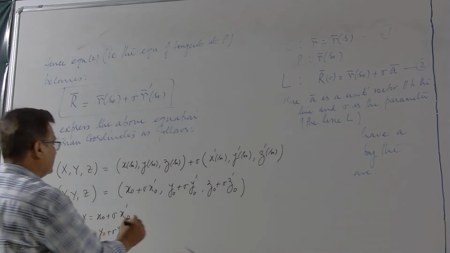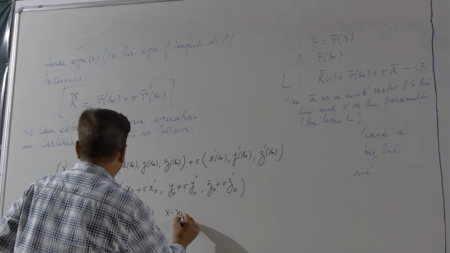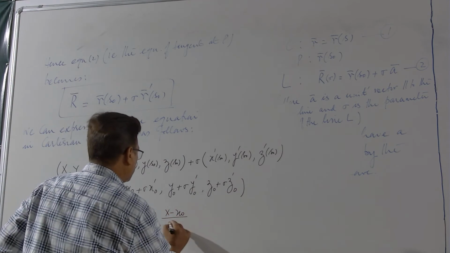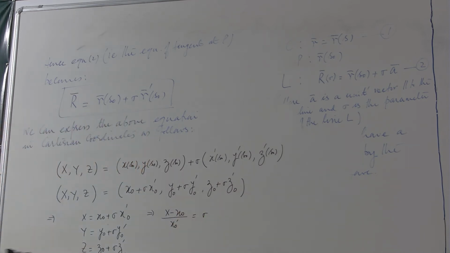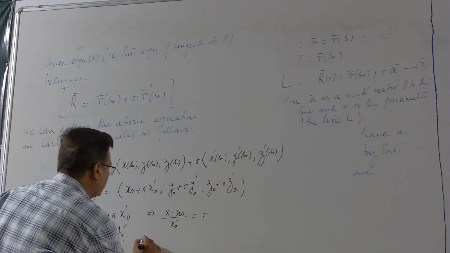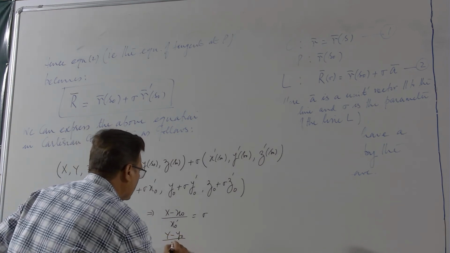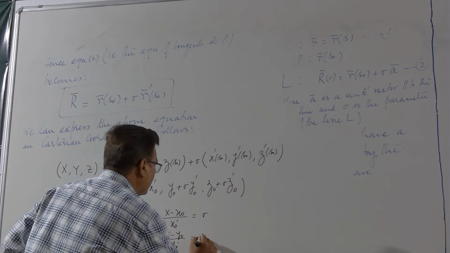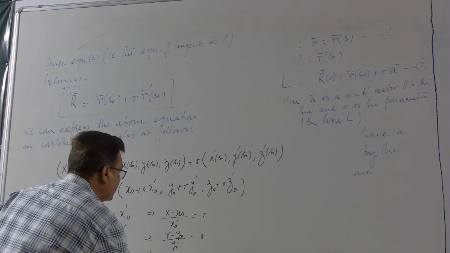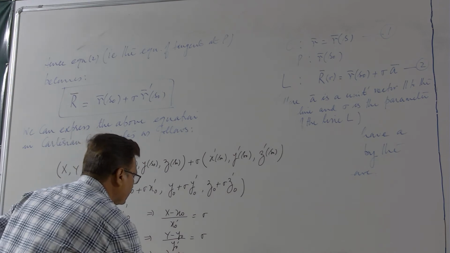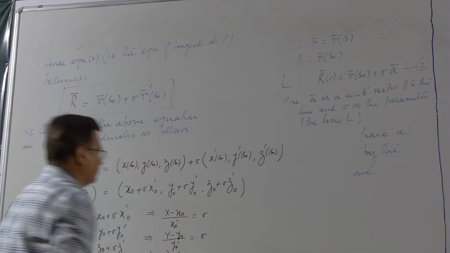And from the first relation, I will be getting x minus x 0 upon x 0 dash equal to sigma. From the second relation, y minus y 0 upon y 0 dash also equal to sigma, and from the last relation, z minus z 0 upon z 0 dash equal to sigma.